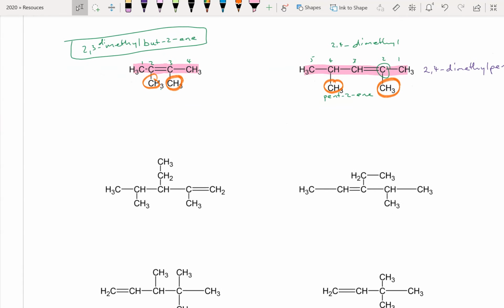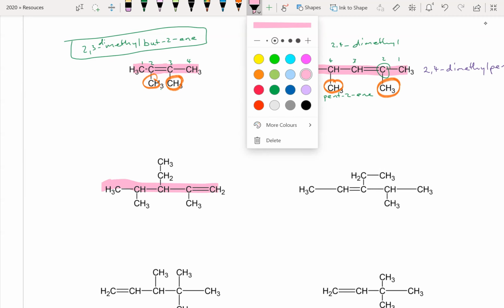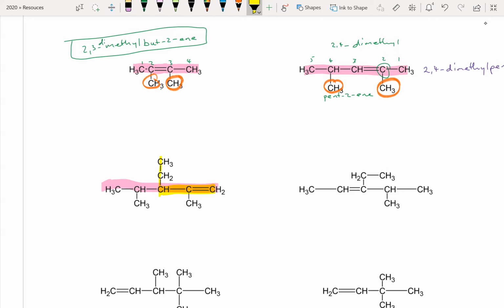Okay, so now let's come at the top here. Back over to the left. Here we have the longest chain. We have a choice we could make. We could go this way, or we could go this way.